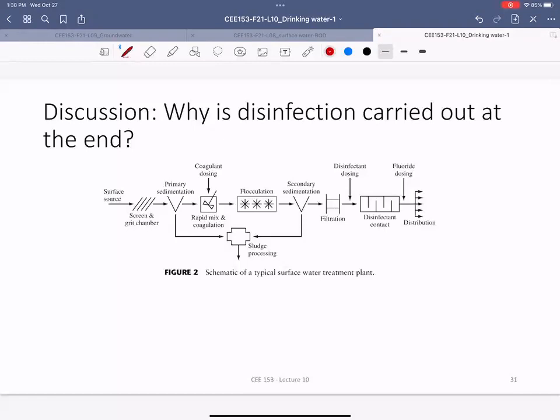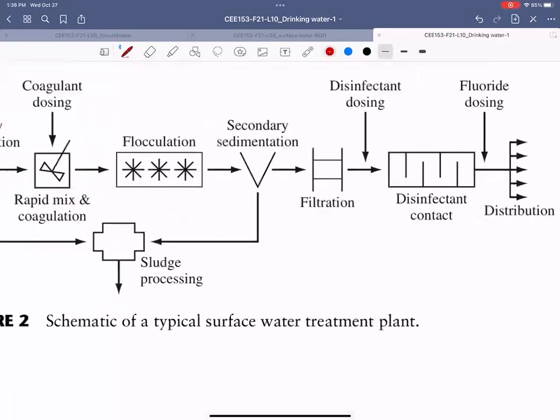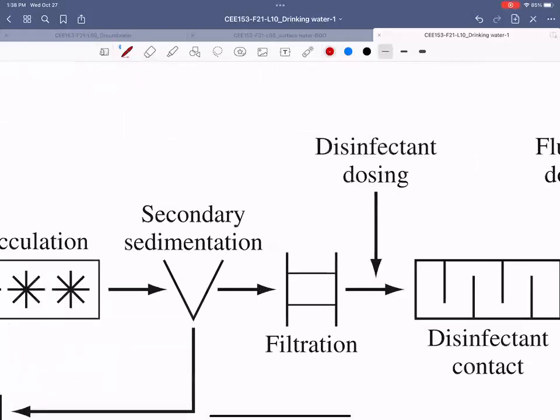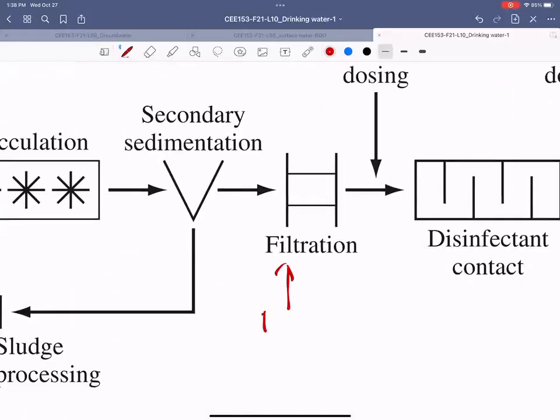So that's why they add the filtration. This filtration is added to remove any dissolved organic. You want to remove them.